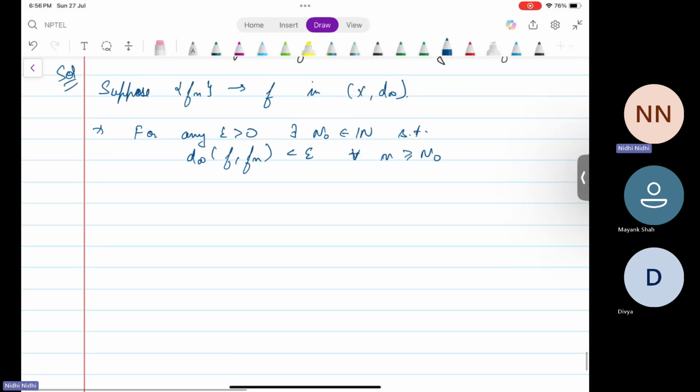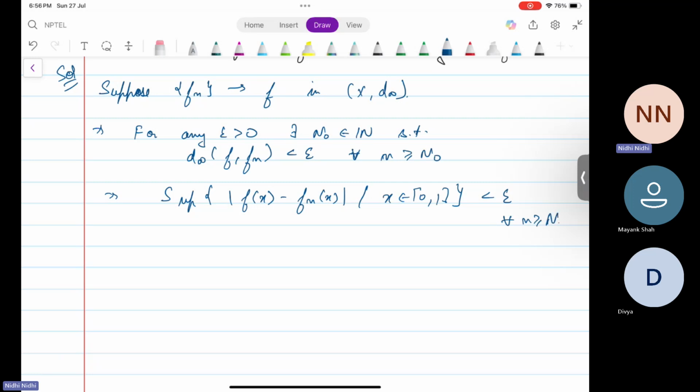Now this means, by definition, the supremum of |f(x) minus f_n(x)| for all x in the closed interval 0 to 1 is strictly less than epsilon for all n greater than or equal to n naught.